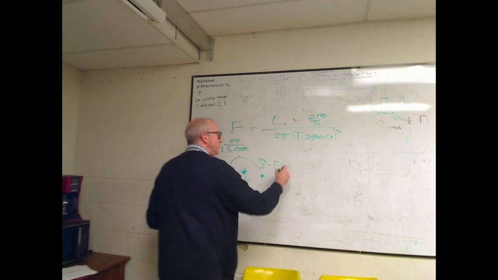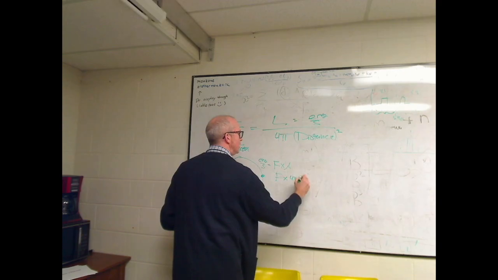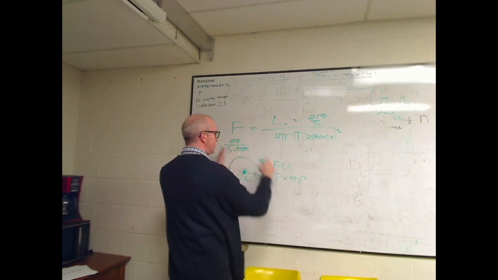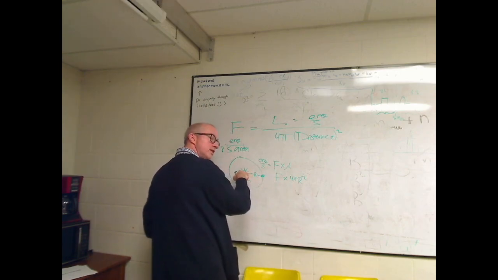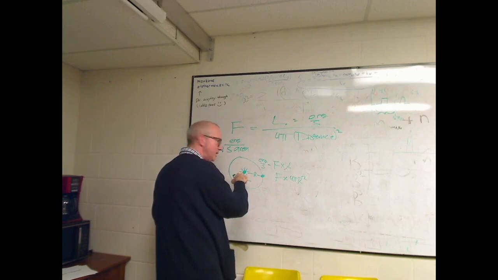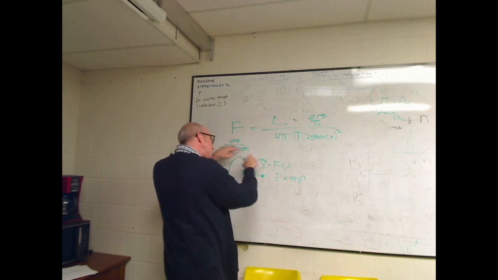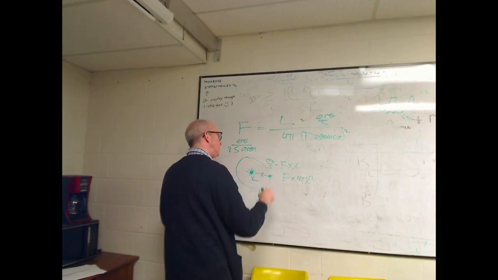So flux times 4 pi r squared, where this is r, is going to be the area of this sphere. So the flux times the area of the sphere has got to be the total number of photons that I'm getting out at the beginning. Right? So L is the total number of photons. F is the flux that I'm going to experience. It's really the total number of photons spread out uniformly over this sphere. F is the flux that I experience here.